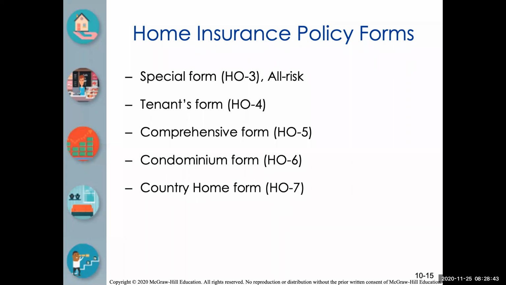Nonetheless, depending upon the type of residence that you're renting and where that residence is located, you'll be subject to certain types of policy forms. The most common two are going to be the tenants form, HO4, and the comprehensive form, HO5.